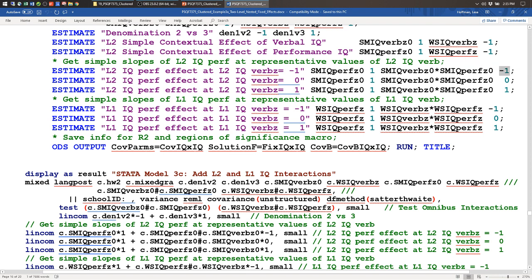So for instance, this line right here is asking for the predicted school level effect of performance IQ at a relatively low verbal school. So I have low, medium, high at level 2, and low, medium, high. So in this analysis, I'm treating performance IQ as the variable I'm interested in and using verbal IQ as the moderator.